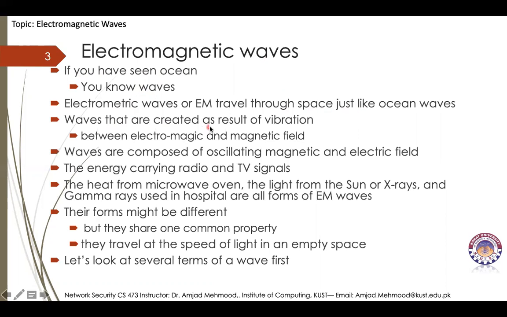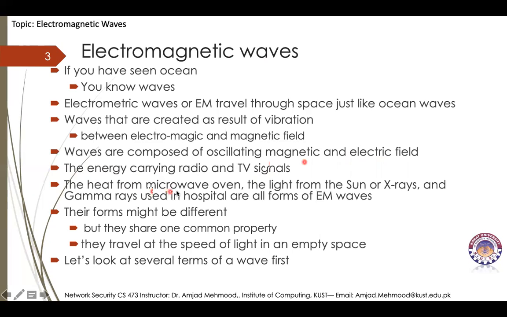Waves are created as a result of vibration between electric and magnetic fields. Waves are composed of oscillating magnetic field and electric field. The energy carrying radio and TV signals, we call it electromagnetic waves.